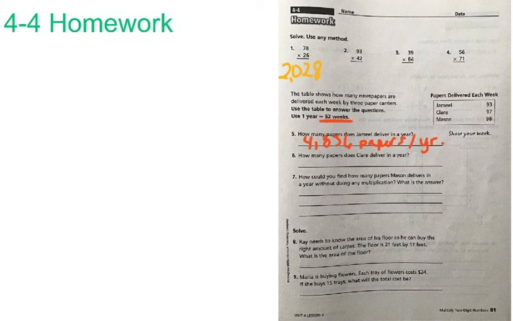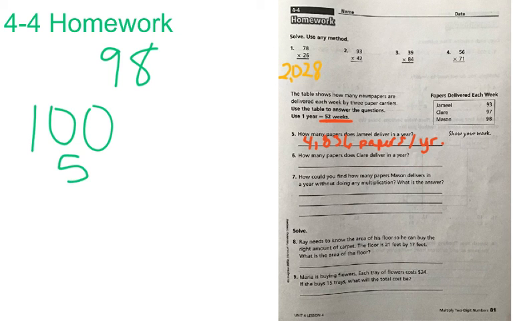Well, I can see here that Mason has 98 papers per week. According to the table, Mason delivers 98 papers per week. One way to figure it out without really having to do the multiplication would be to round that to 100. So I could pretend like Mason does 100 per week. He did 100 per week for 52 weeks without even having to do the multiplication.